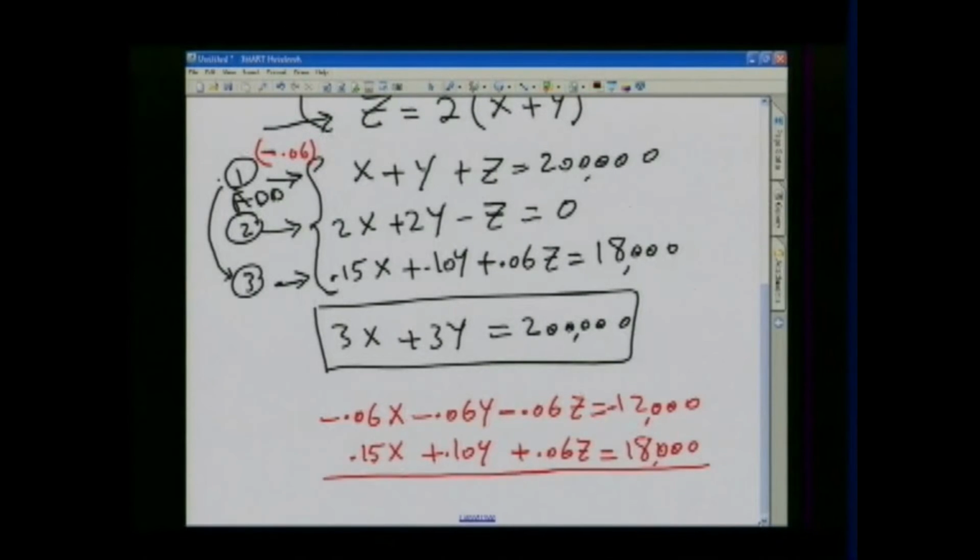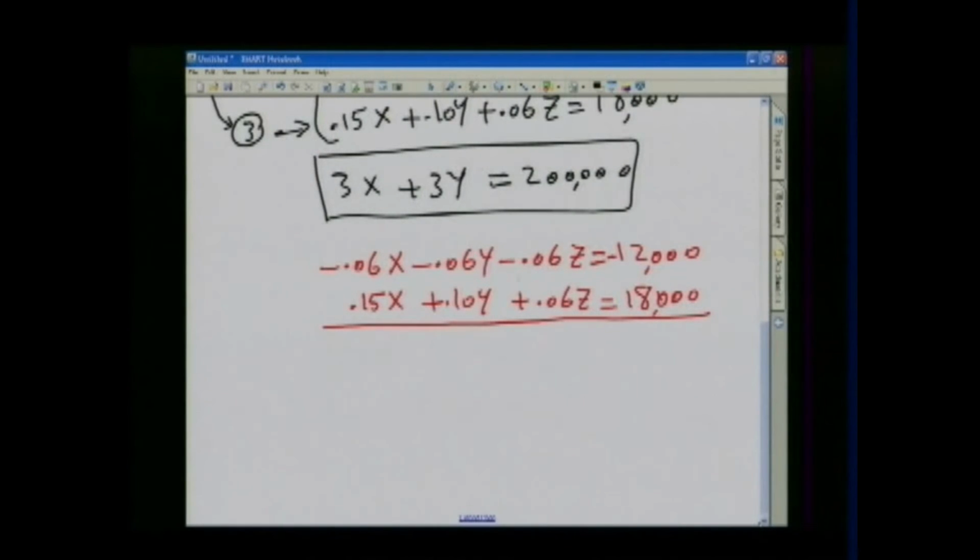Now, if I add up these two, 0.06z and minus 0.06z would cancel. I have minus 0.06x and 0.15x, which would give me 0.09x.